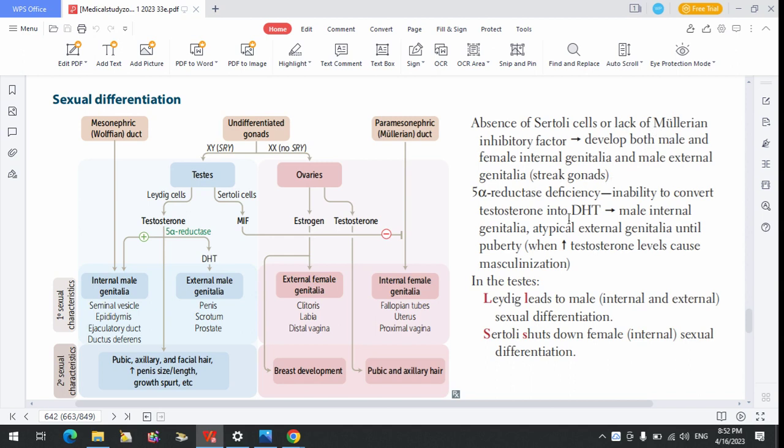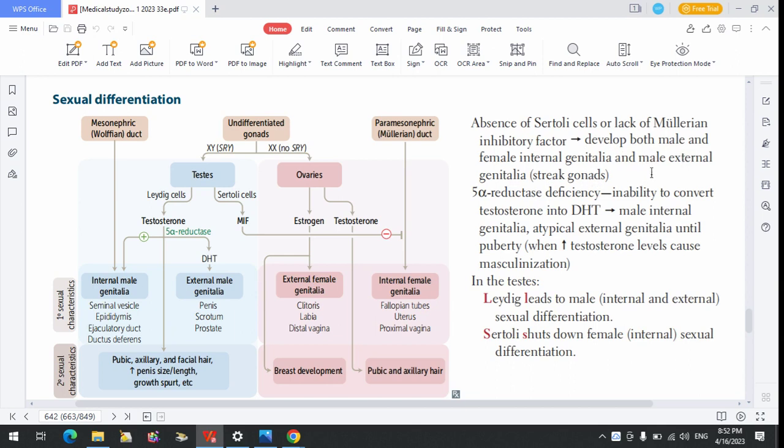For this presentation to even happen, it's possible that this person has a streak gonad, that the Sertoli cells are aplastic, or they are just not there. So the person will have presentation of both male and female internal genitalia.